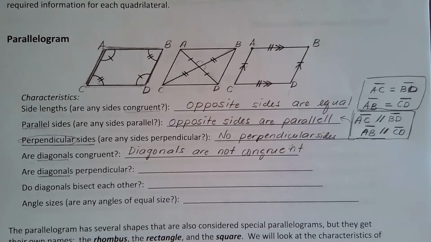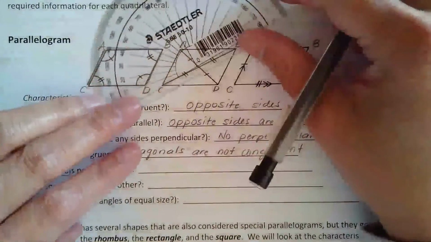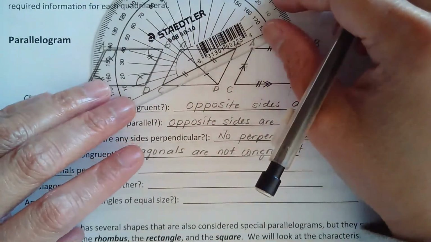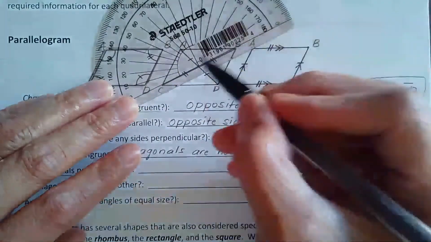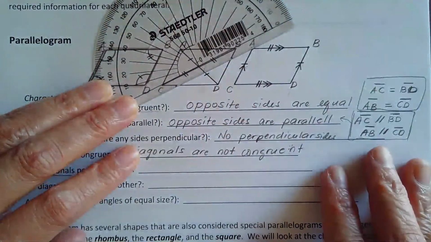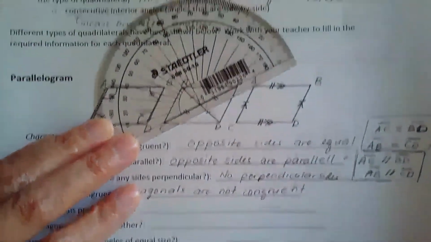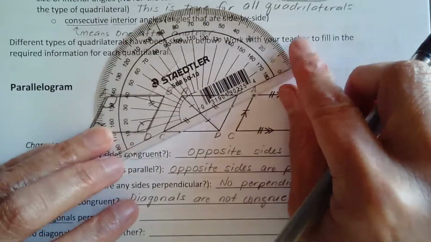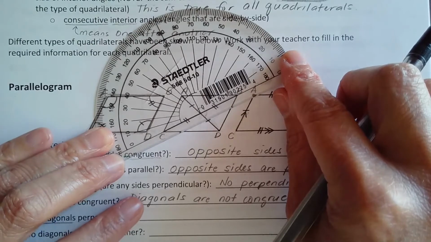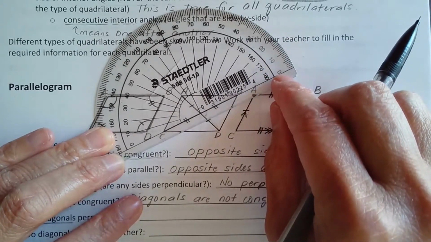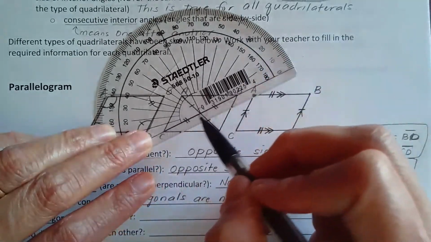Okay, let me see if I can find, oh, here's my protractor. That's what I'm looking for. So if I go like this, measuring the angle, I'll bring it down a bit. If you were in our class in grade 11, we looked at how to read a protractor.